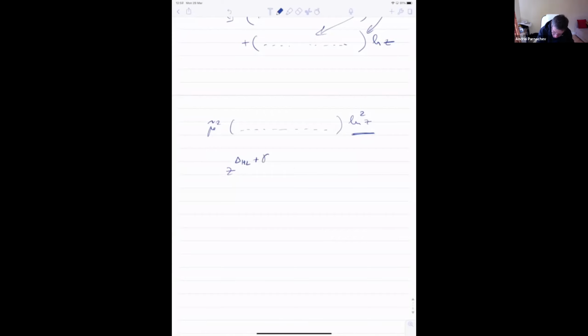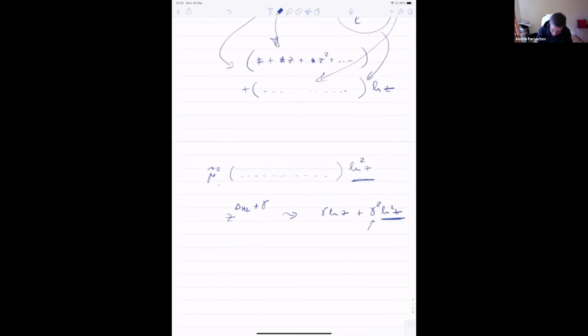Then you expand for small gamma, so at leading order it becomes gamma log z, but at subleading order it becomes gamma squared log squared z. So the mu squared term that multiplies log squared is completely determined by gamma 1.